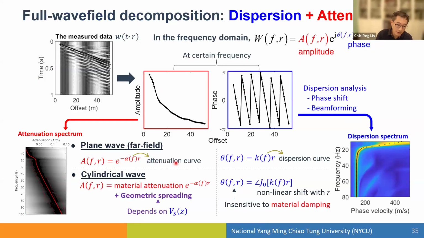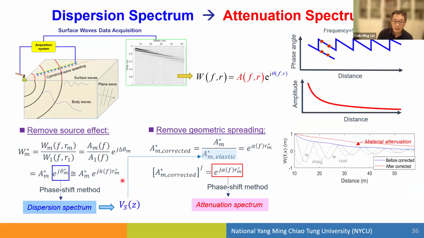In a viscoelastic material, the amplitude has an exponential decay with distance. If we take the amplitude and use a power of j, imaginary, right? So we turn the real term into imaginary, and this is like the wave number term. So we can use the same phase shift method to get a spectrum. And after this operation, it becomes an attenuation spectrum.